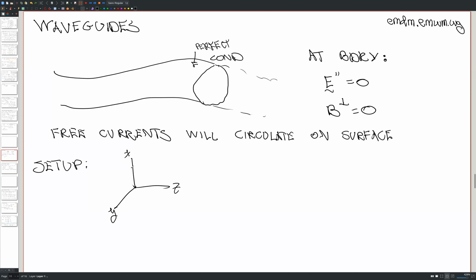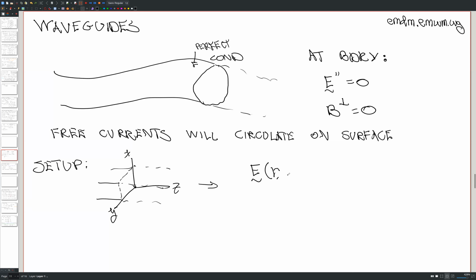Although I don't need to specialize to that for now, let's imagine, we will do that later, that I have a square or rectangular section contraption like this. And I've got waves propagating in the Z direction. But the electric and magnetic fields are going to be able to depend on the X and Y direction.